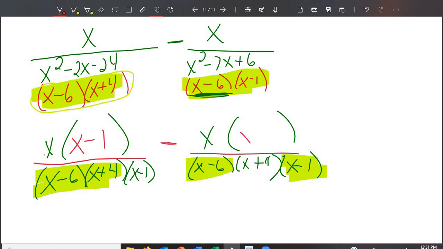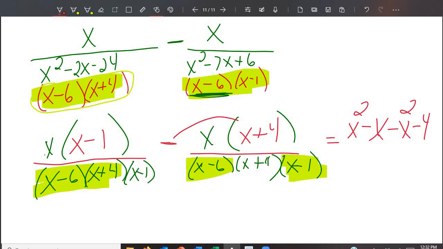What's not highlighted goes up top. Now we're going to do the distributive property. X times x is x squared minus x. Now remember, this is a negative x. Negative x squared minus 4. Combine like terms, the x squares cancel out, and we're left with this.